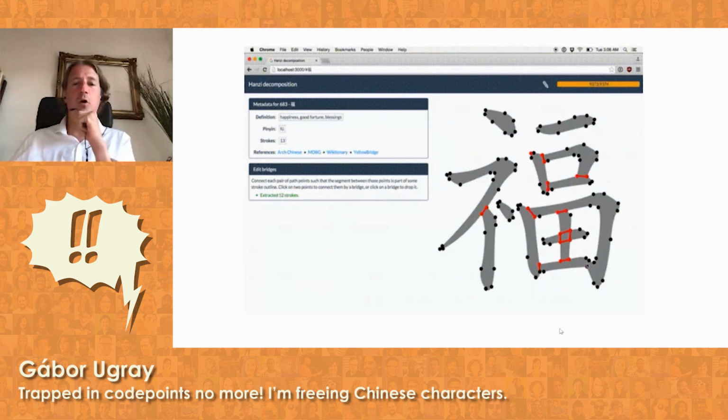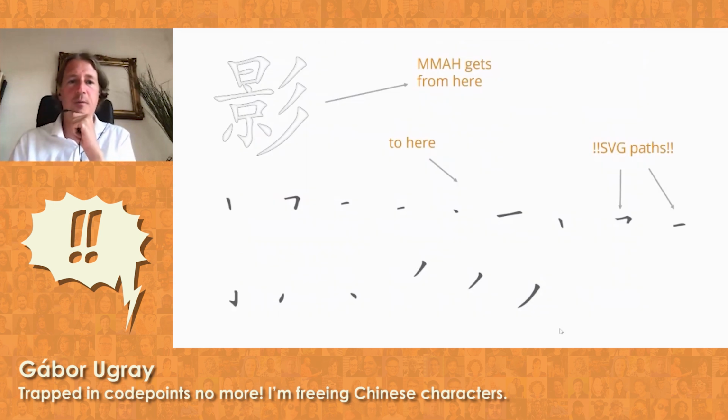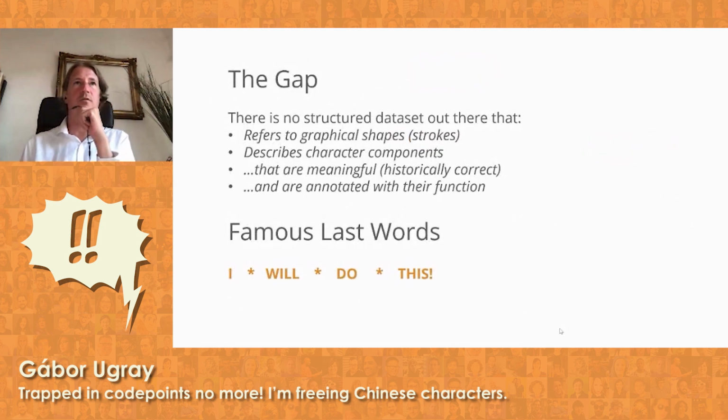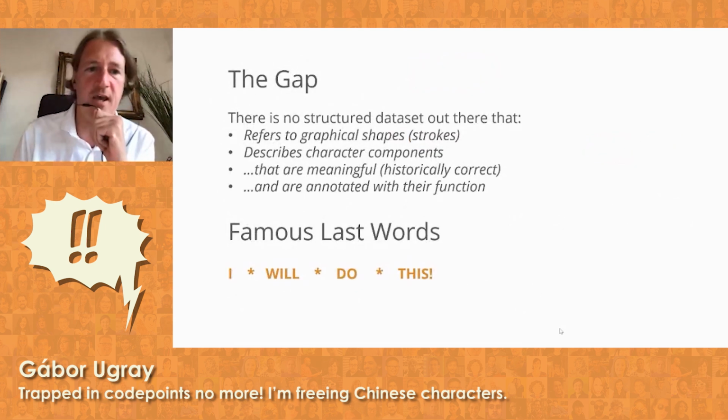That provided almost perfect results that needed a little bit of manual review. And basically, now we have a data set of about 9,000 characters, which go from the part at the top left, the outline of characters, to the strokes that make up the character in the right order with the right directions. So this is a great starting point, but I actually want to go further than that.